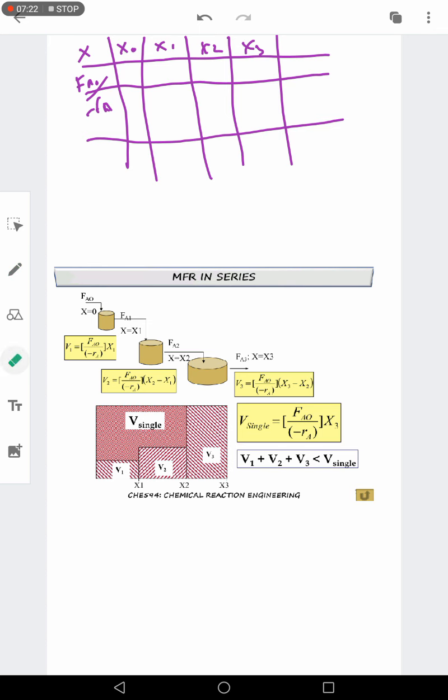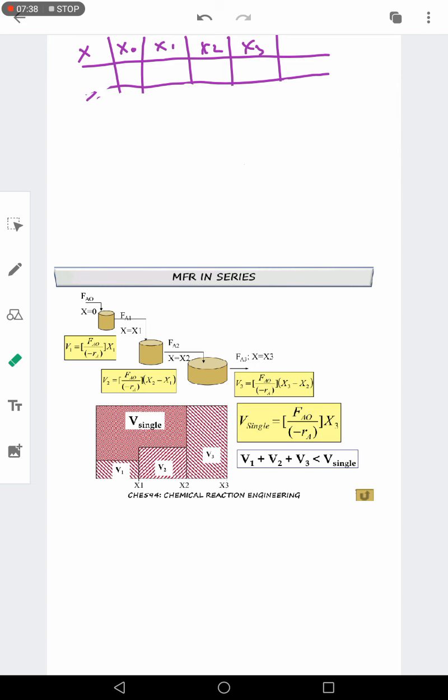So let's say you have data of FA0 over negative RA. From this data you can actually plot FA0 over negative RA versus X.